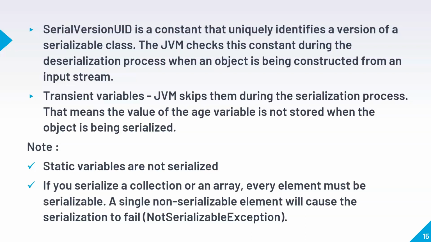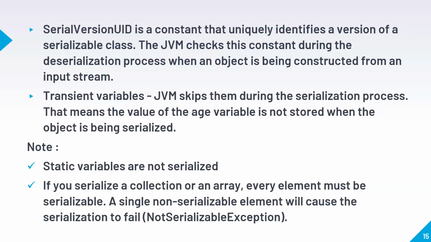And static variables, these are the key pointers. Static variables will not be serialized, and in case you want to serialize a collection or an array, every element must be serializable. A single non-serializable element will cause the serialization to fail.